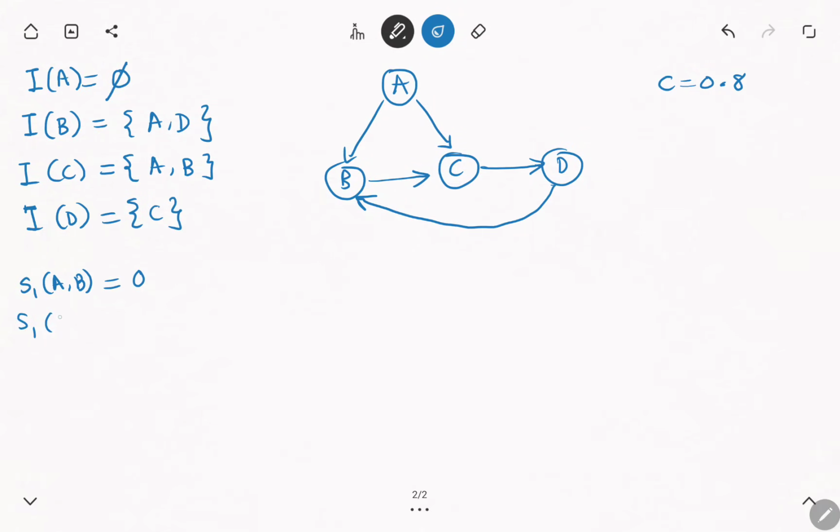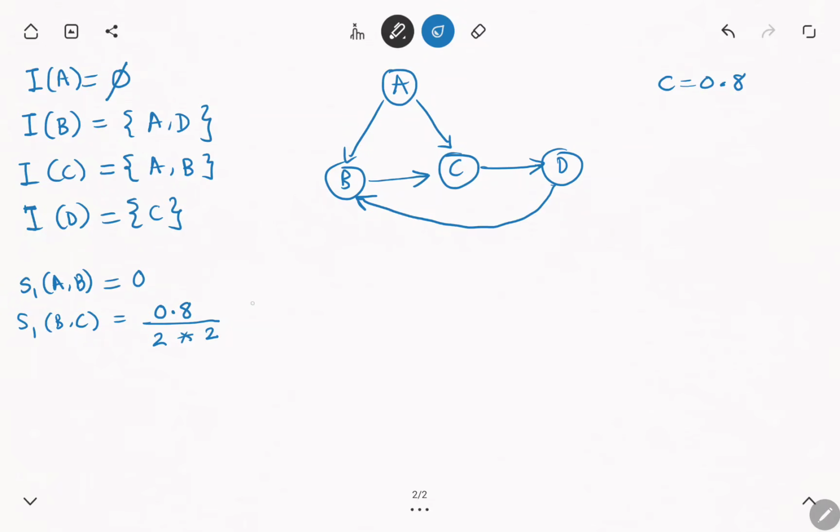Now next we'll calculate the similarity of B comma C. For B comma C, the decay factor C is 0.8, divided by the cardinality of I(B), which is 2, into the cardinality of I(C), which is also 2.